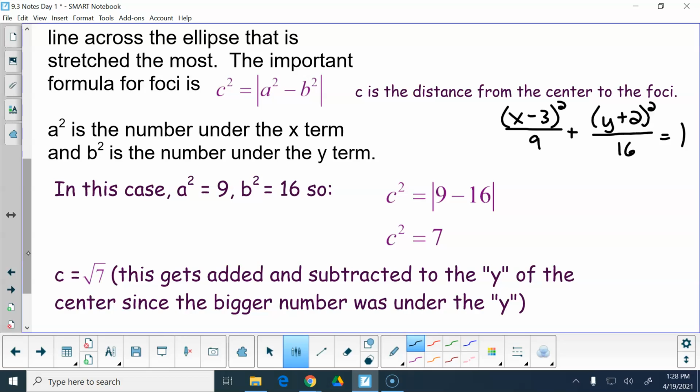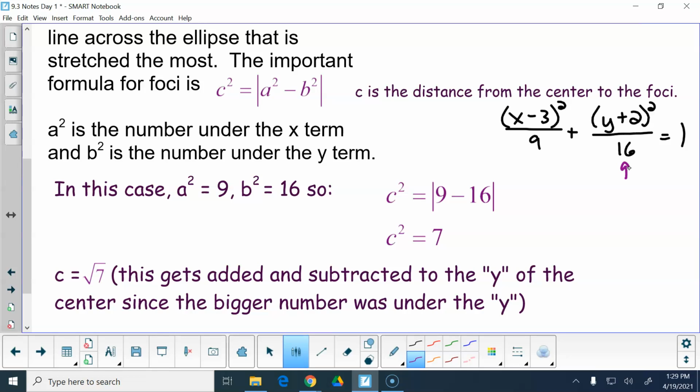Since our major axis is vertical, that means we're going to add and subtract c to the y part of our center because the number was bigger underneath the y. Another way of remembering: this number right here was bigger, so we're going to add it to the y part. Add it and subtract it.